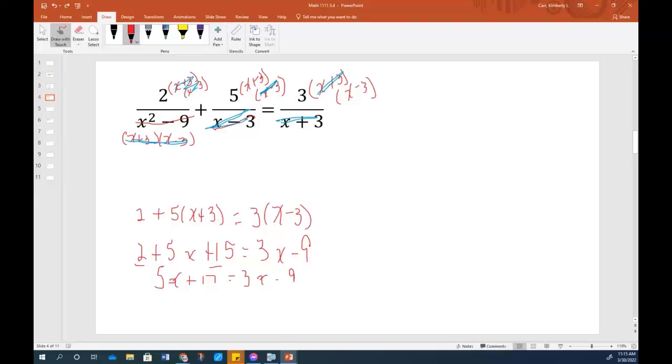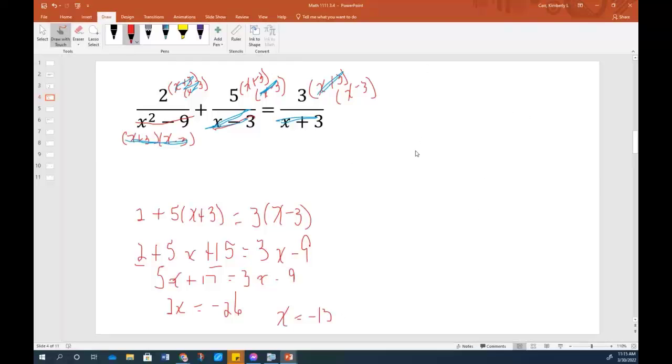If I subtract 3x from both sides, I'll get a 2x over here on the left. And if I subtract 17, negative 9 minus 17 more is negative 26. Divide both sides by 2, and x is negative 13.